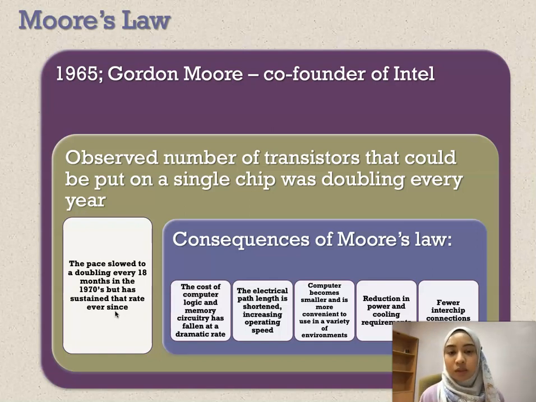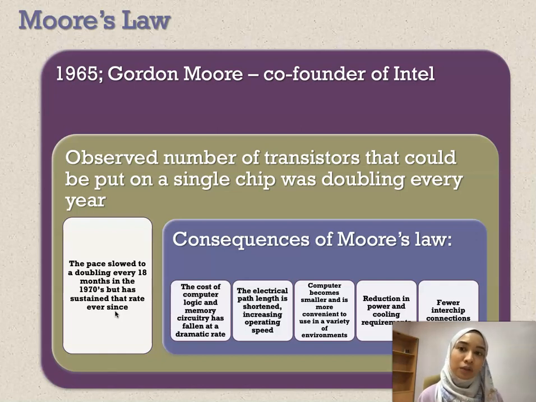So what are the consequences of Moore's law? So the cost of computer logic and memory circuitry has fallen at a dramatic rate, because after he predicted this, people were saying like, okay, so if it is supposed to be doubling, then the cost should match the technology, right?